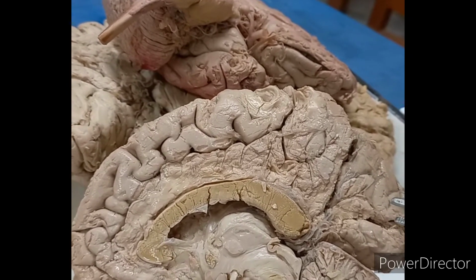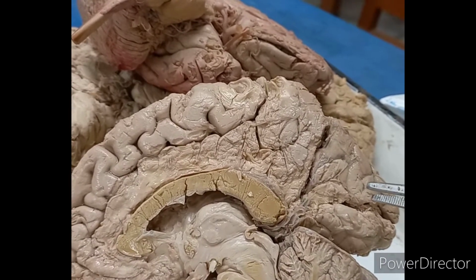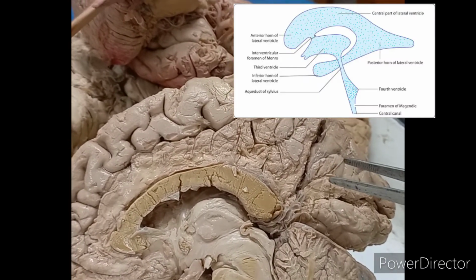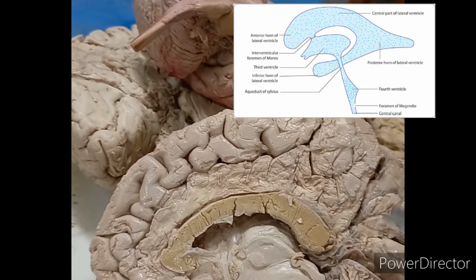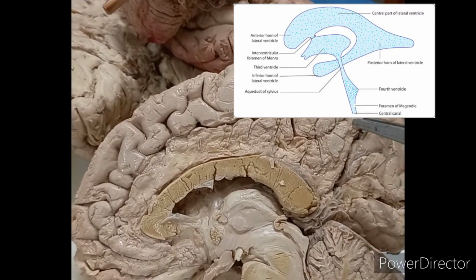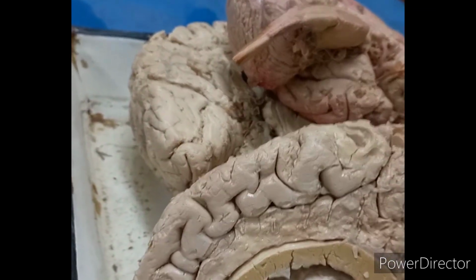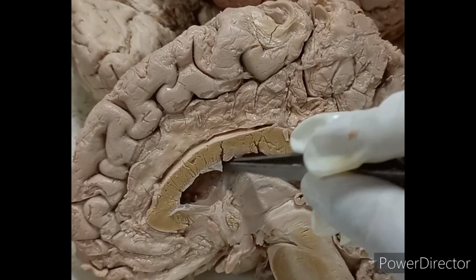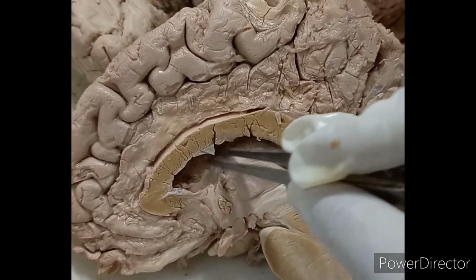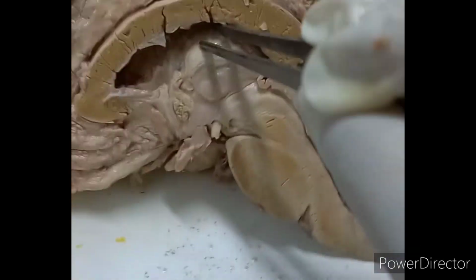The lateral ventricles are present within the forebrain vesicles. That is the cavity of the forebrain vesicles, and they are paired. You can see here this cavity, this is the lateral ventricle of the right side.